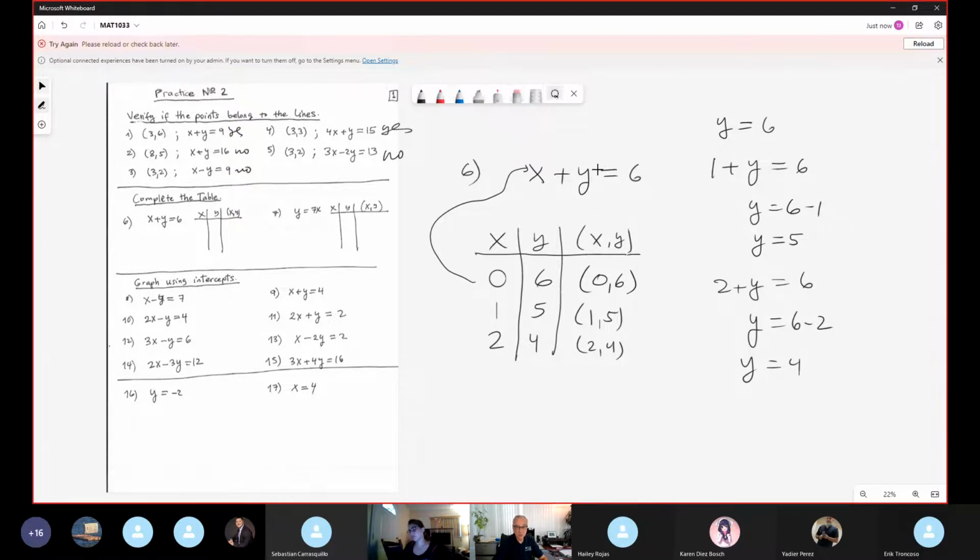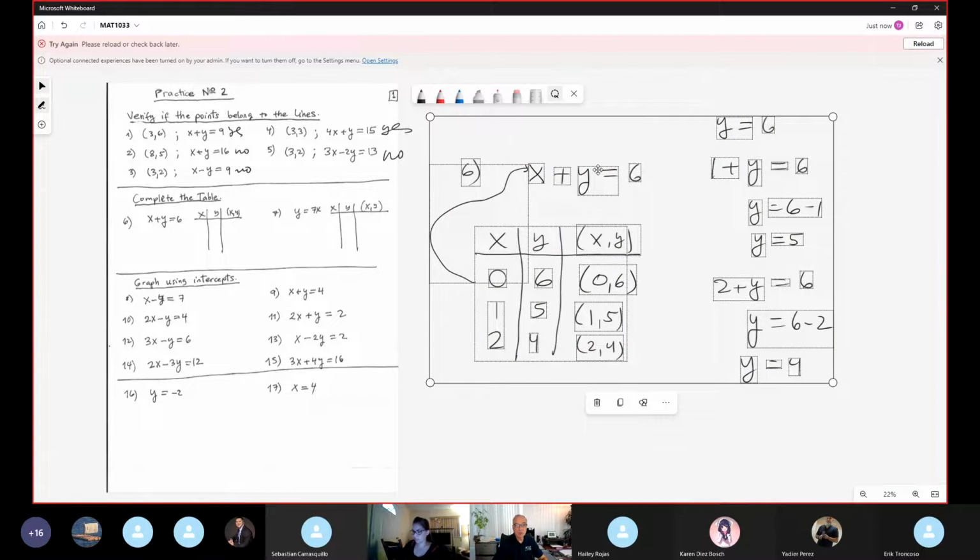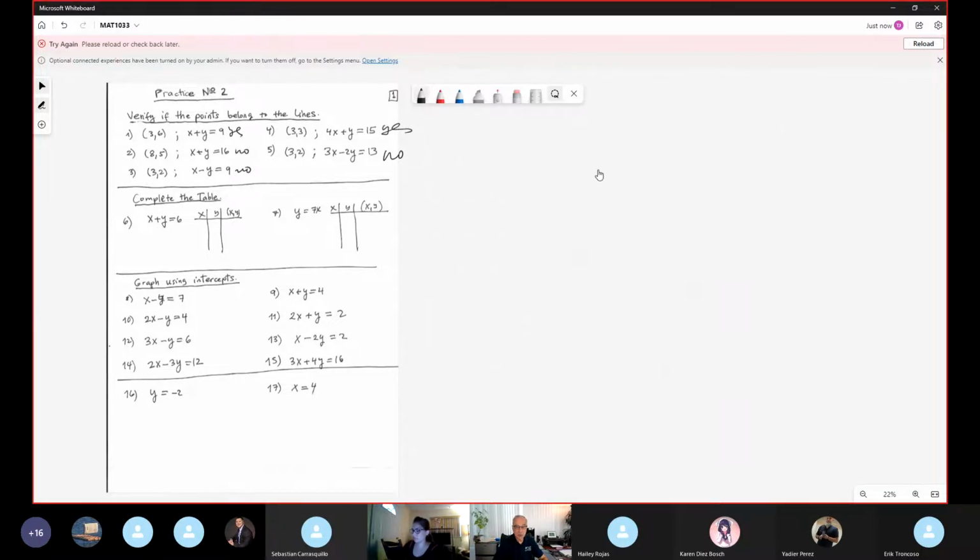Okay, let's do number 7. Number 7 is similar, but I change a little bit because the equation is y equals 7x. Oh, so we have no b, b is 0 in this example. When this situation happens, this line passes through the origin, (0,0).